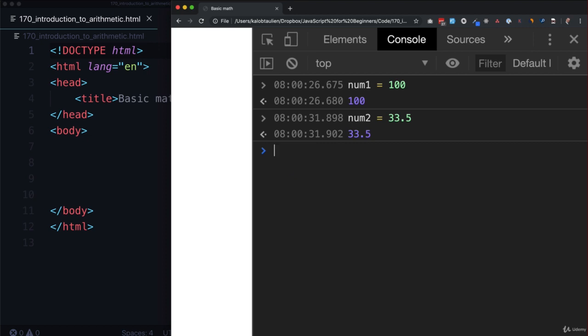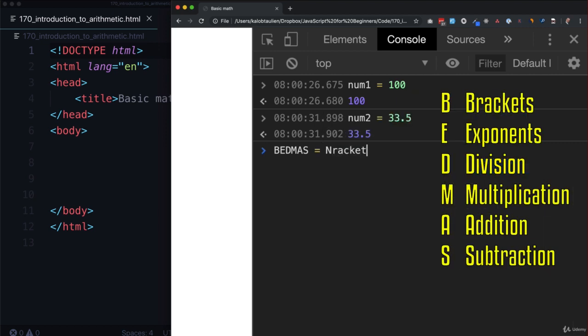Now there's one rule when you are working with larger formulas. You also want to keep in mind the rule of BEDMAS. It's actually a different acronym for several different areas of the world, but the way I remember it is BEDMAS. You have brackets, exponents, division, and then multiplication, and then addition or subtraction, whichever comes first.